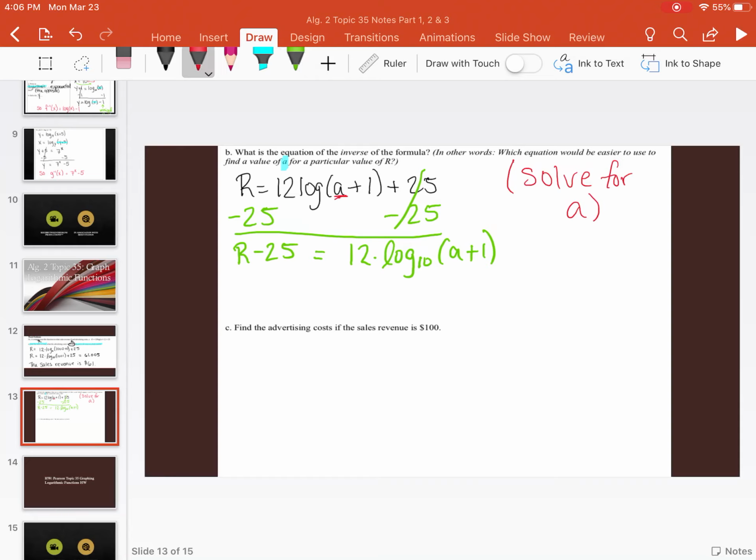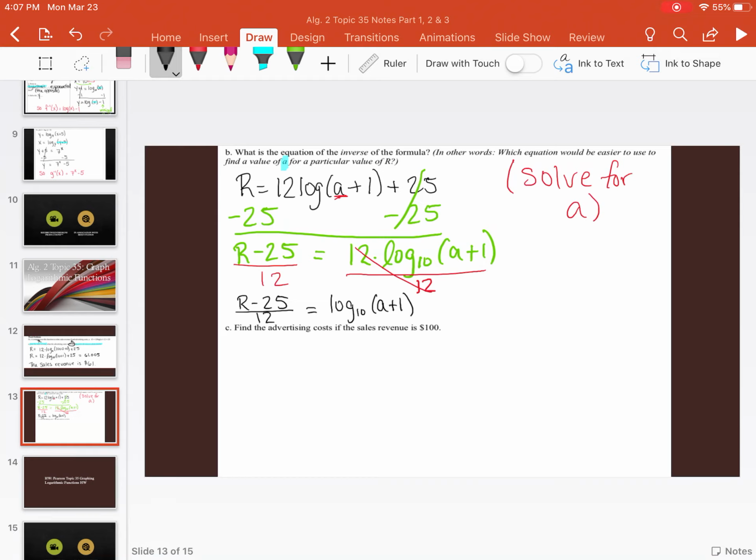Then what we're going to do is we're going to get rid of this 12. So we're going to divide both sides by 12. So our new function will be R minus 25 divided by 12 equals log base 10 of A plus 1.